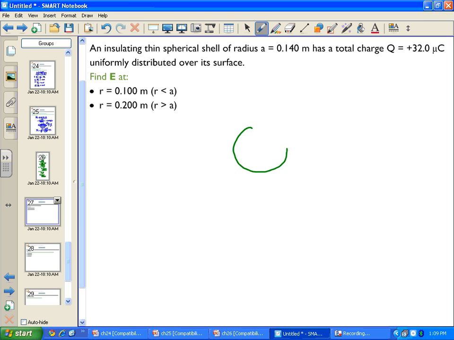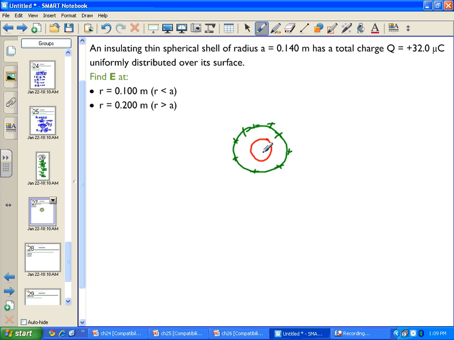So this is a hollow, very thin shell, and all of the positive charge sits only along the surface. There is no charge inside. Well, you can guess what's going to happen when we try to determine the charge inside a Gaussian sphere.